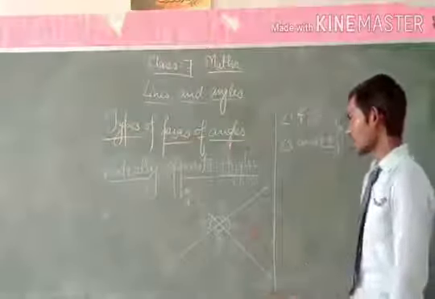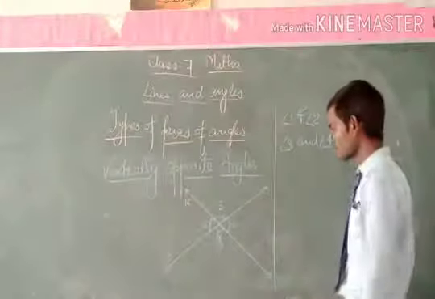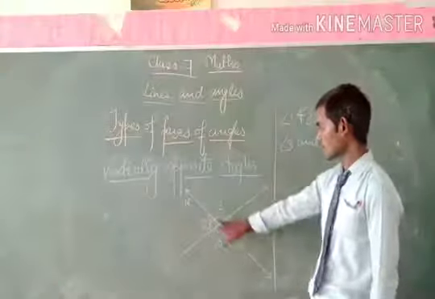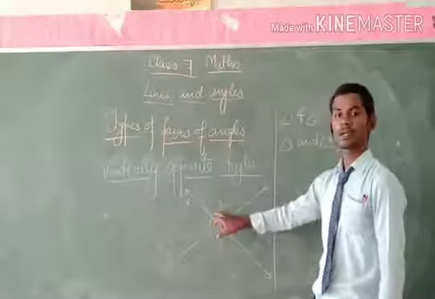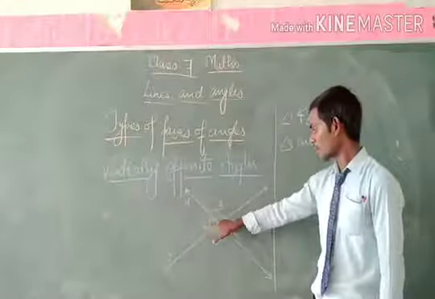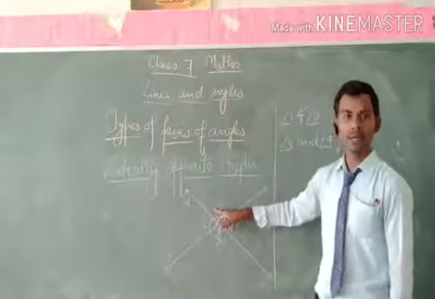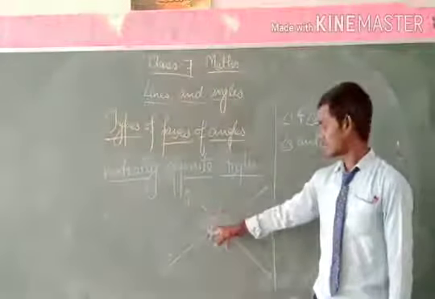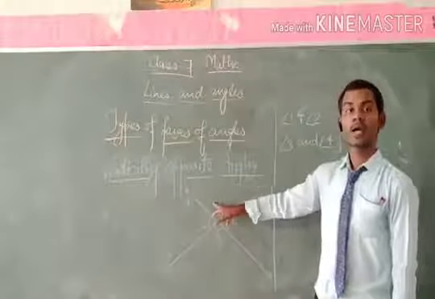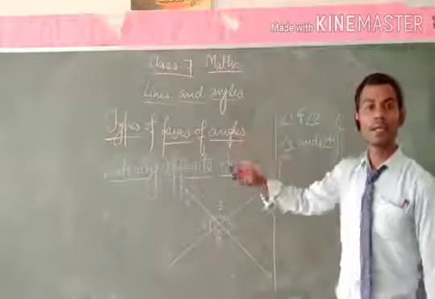In this figure, we can also see that angle 2 and angle 3, the measure of angle 2 and angle 3, is 180 degrees. So we can say that angle 2 and angle 3 are also supplementary angles.